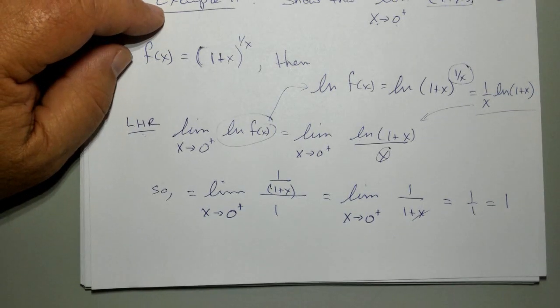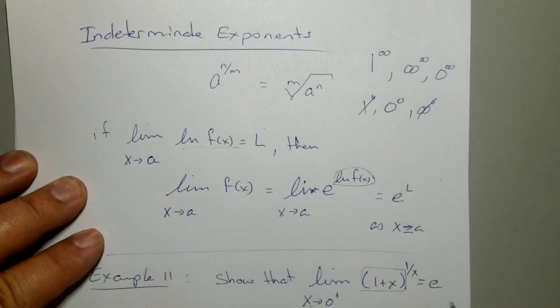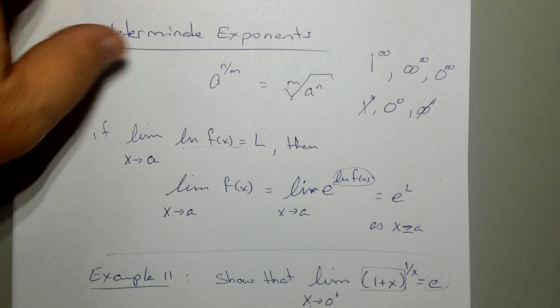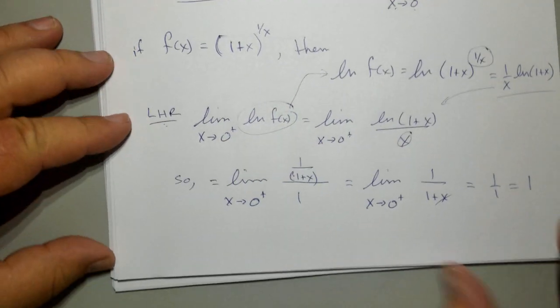Not done yet. What were we supposed to find? We're supposed to prove that it's e. How do we do that?